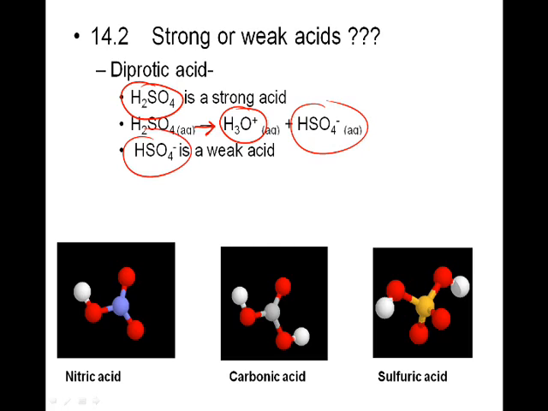Now this hydrogen sulfate has a proton that can also be released, but it is a weak acid. And so we would have to draw a second equilibrium system for this. The first one would have a Ka1 that would be very large, and the second would have a Ka2 that would be considerably smaller.